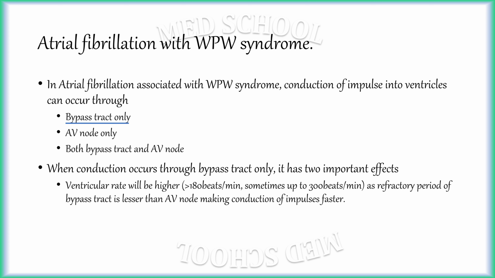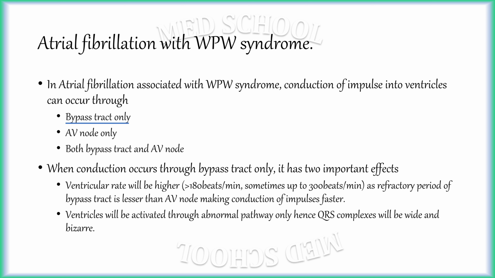Ventricular rate will be higher, usually more than 180 beats per minute and sometime up to 300 beats per minute, as refractory period of bypass tract is lesser than AV node, making conduction of impulse faster. Ventricles will be activated through abnormal pathway only, hence QRS complexes will be wide and bizarre.